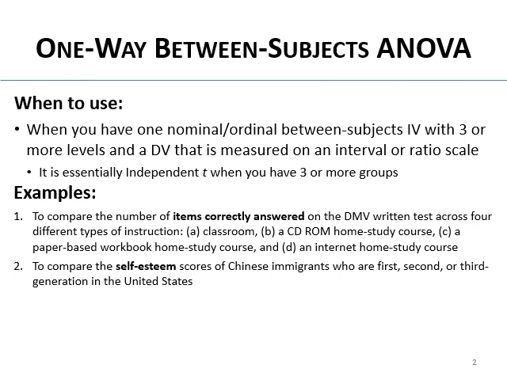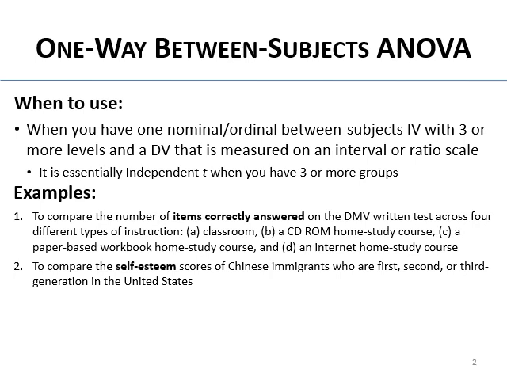So we've got an interval DV. And what are we going to be comparing that DV between? Well, everyone's a Chinese immigrant in here, so that's a constant. But what varies is whether they're first, second, or third generation in the United States. And so that is 3 groups, 3 levels, generation, so you've got a 3-level independent variable.